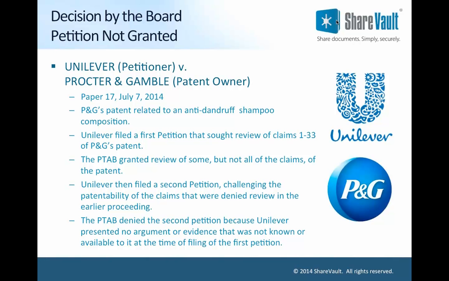And the PTAB denied their petition, saying that there was basically no new argument or any evidence that was presented that couldn't have been known or available at the time of the first petition. And there was basically no reason for them to consider the second petition on these other claims. So the petition was denied, and no proceeding was initiated.